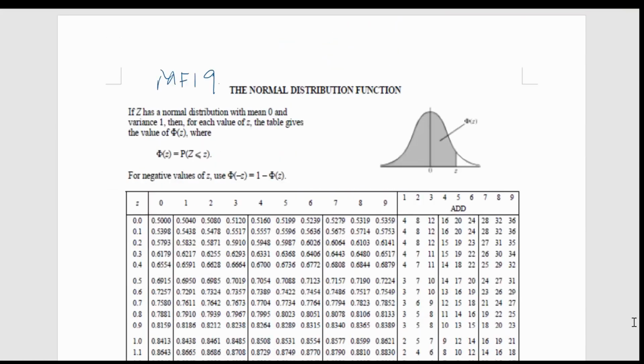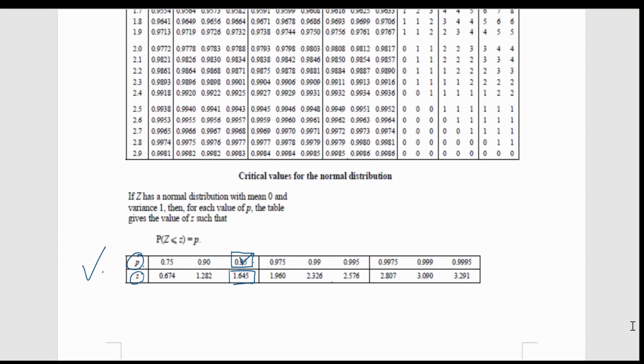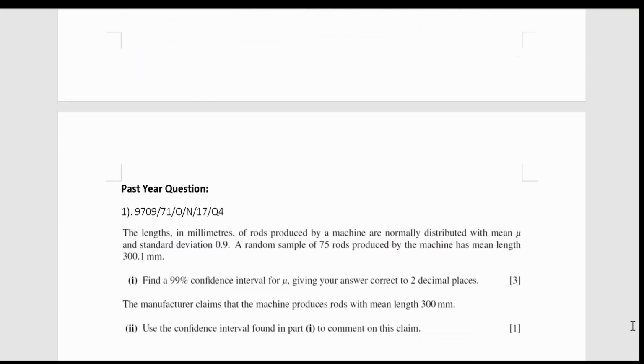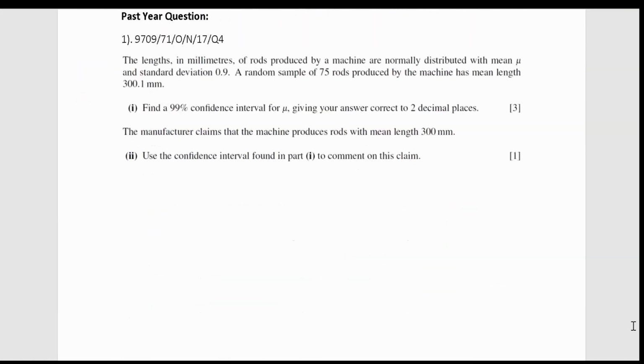So now we are looking at some partial questions as examples here. Now, this is the question from October/November 17. Last time the paper was called paper 7, but now it has changed to paper 6. So it's variant 1. Okay, question 4. The length in millimeters of rods produced by a machine is normally distributed with mean mu.